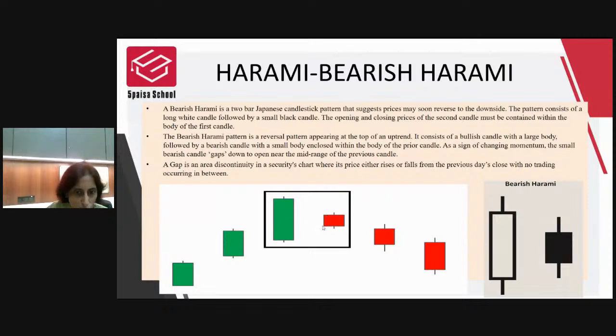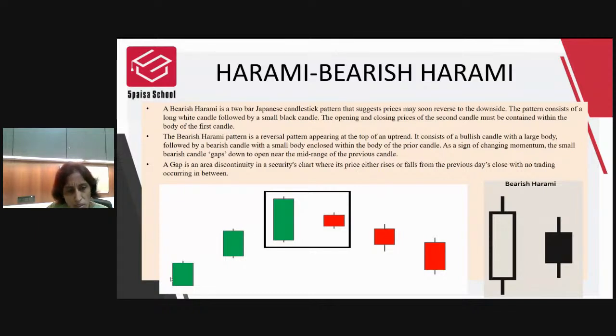You see this? The opening price and the closing price of this bearish candle is very much contained in the previous trading session's real body, right? So the bearish harami pattern is indicative of a reversal pattern appearing at the top of an uptrend.